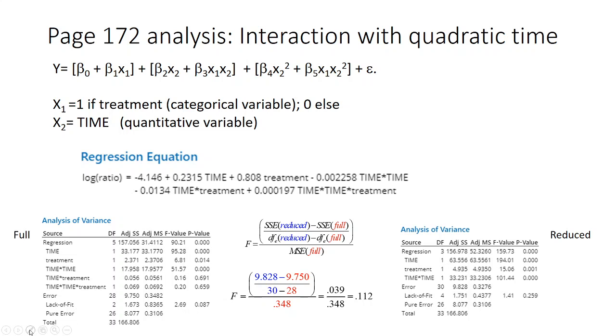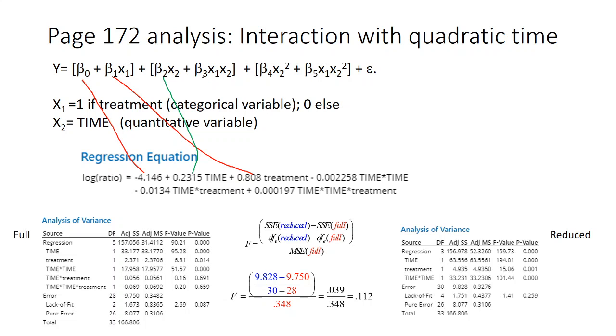Just as a reminder of where each one of these would be, beta naught, of course, is just our y-intercept. Beta 1 is the one corresponding to our treatment. Beta 2, see if you can figure out what beta 2 corresponds to while I change colors here. Beta 2 would be with our time, so the estimate for beta 2 would be 0.2315.